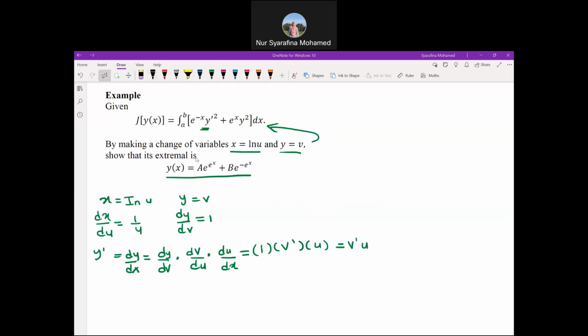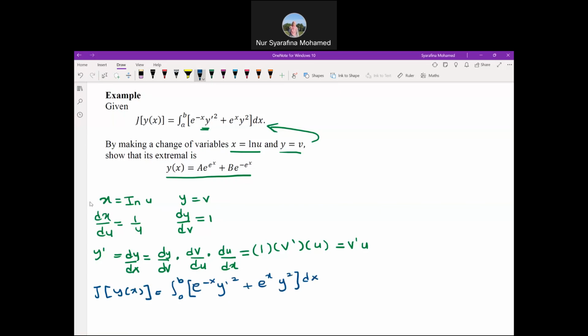Okay, so now given our functional is given by J(y) equals the integral from a to b of e^(-x) y prime squared plus e^x y squared dx, right?